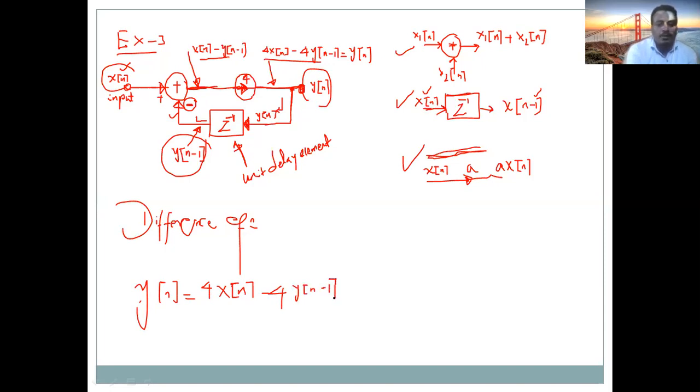Okay, so if you collect the output on one side and the input on the other side, take this on the other side.